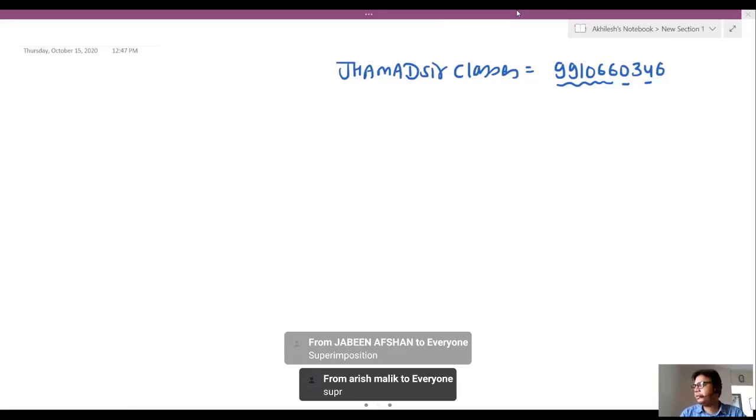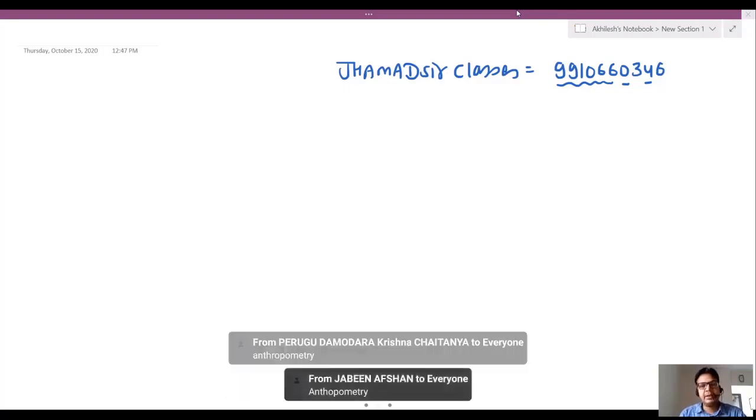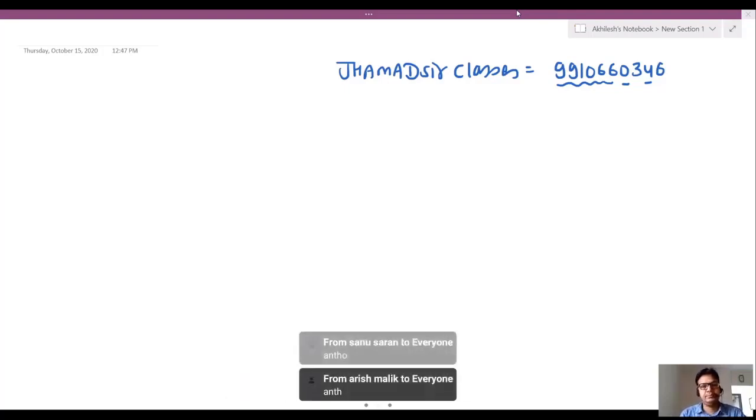Physical measurement, descriptive data and body marks are used in anthropometry. Anthropometry is also known as Bertillon system and portrait parlé.